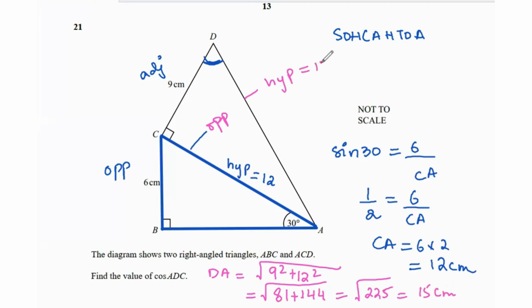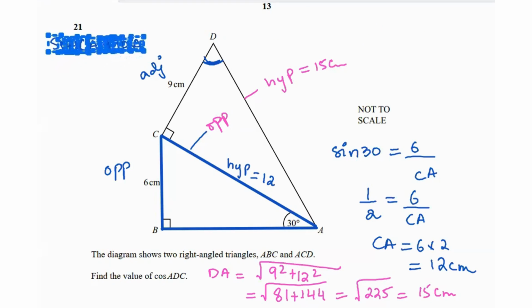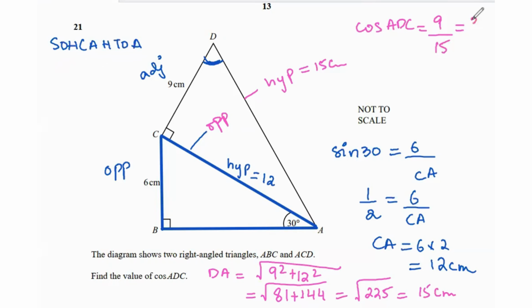So this is 15. So to figure out cos of ADC, we will do adjacent, which is 9, over the hypotenuse, which is 15. Simplify it, so that's 3 over 5. You can also keep it as 9 over 15.